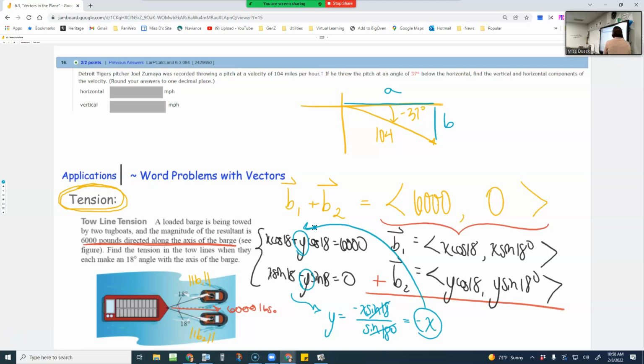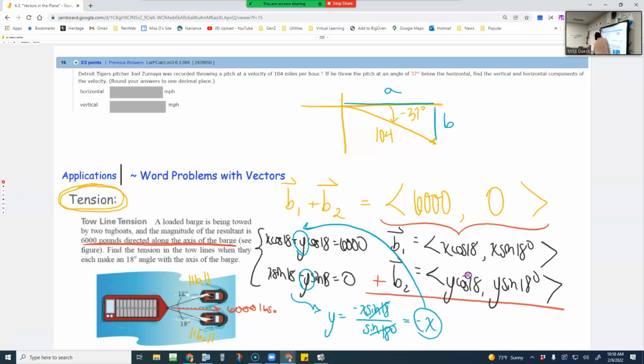Brandon, what's your question? For the B2, does it matter if it's cosine negative 18 and sine negative 18? Oh, I was just saying the angle in a positive way. No, you're totally right. I should have put that negative angle. I mentioned it and then I never put it, did I? And he's seeing that once again in reference to the motion.